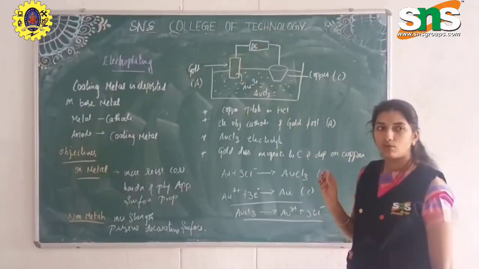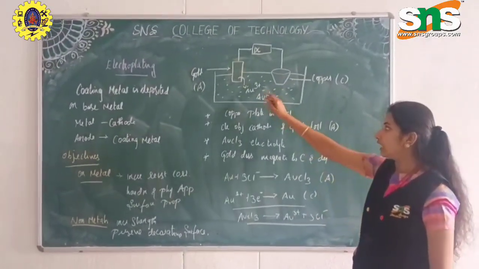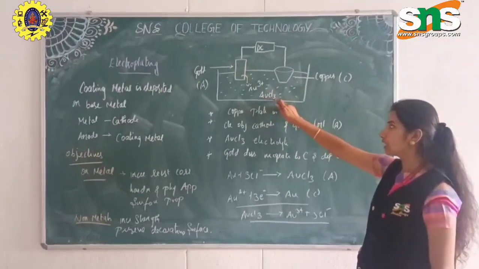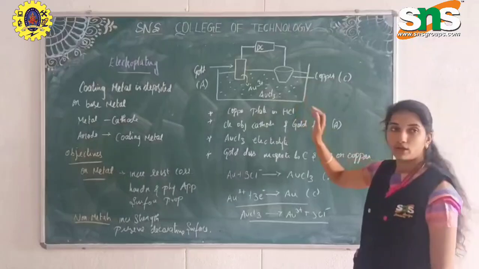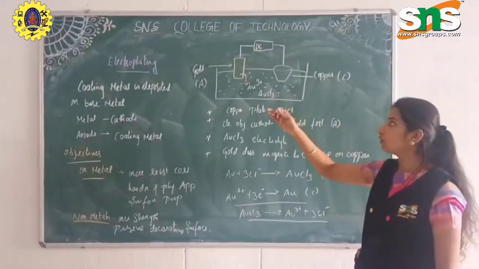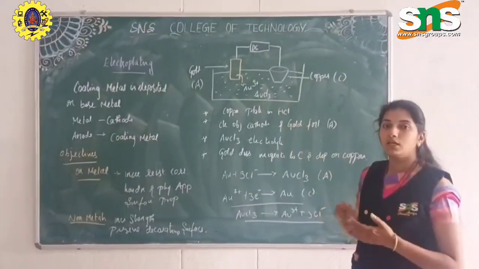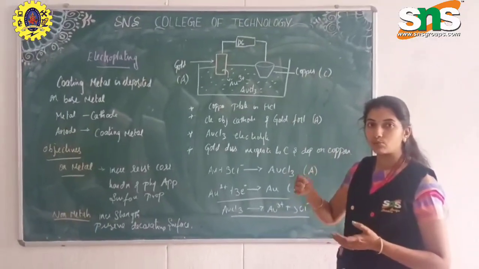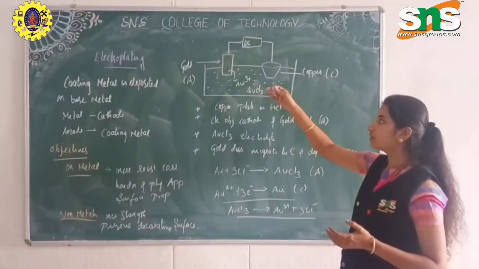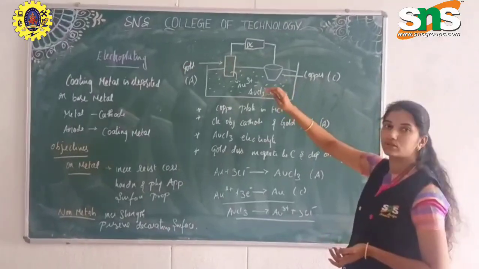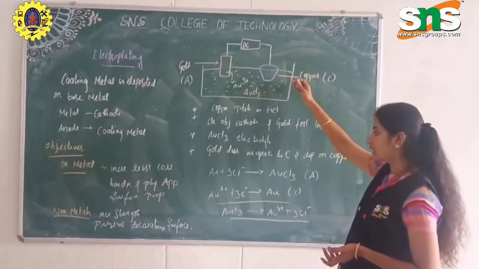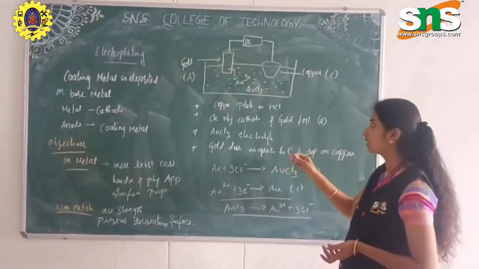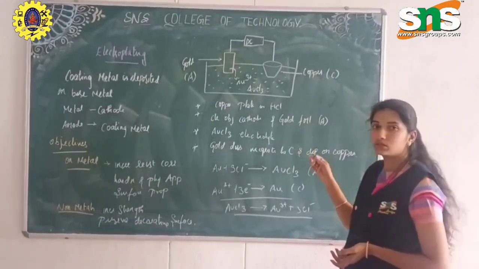The electrolyte in which the two are immersed is AuCl3, which gives the electrolytic function. On passing the direct current, gold from the foil dissolves, the gold ions migrate to the cathode and deposit on the copper object.